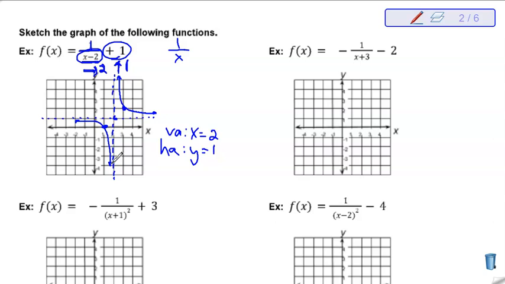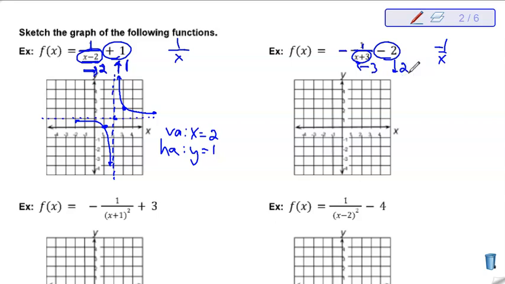Now, the next piece here says that I have a -1 over x function. So -1 over x ends up giving me the transformation in the x direction and the transformation in the y direction. So here we're going to go left by 3 and down by 2.